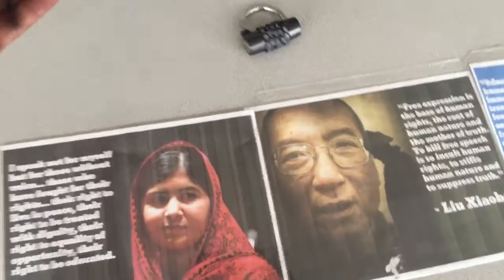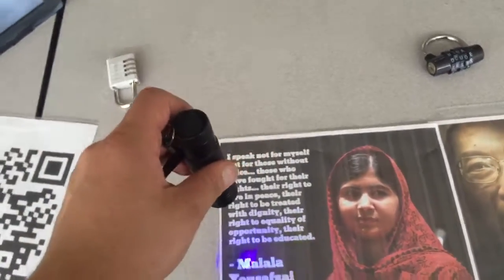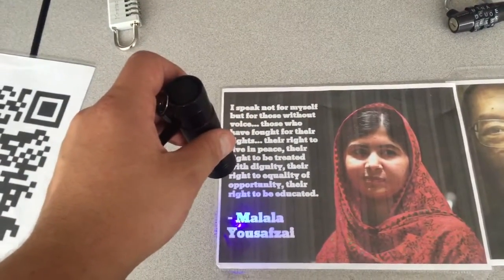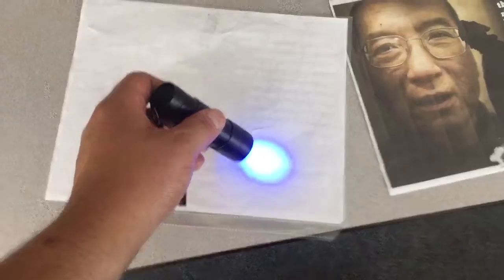Now, what students will need is the UV flashlight. And what I did is I colored the first letter of everybody's name. Now it's a little hard to see that, so on the back I've also circled the first letter, and you can see there's the M there. Now for all of these individuals, that first letter is circled with the exception of Kofi Annan. So he's going to be removed from this group.